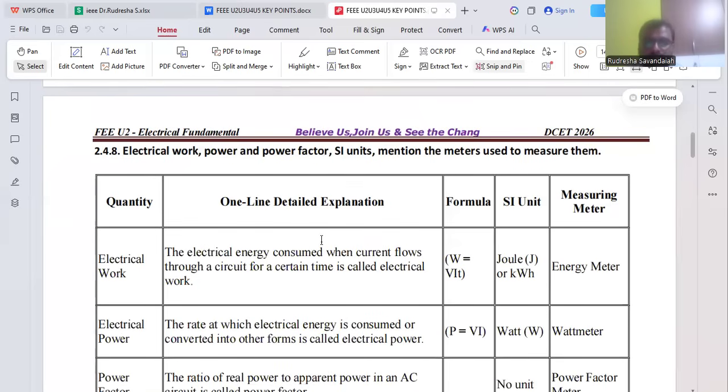Electrical work, power and power factor: SI units and the meters used to measure them.